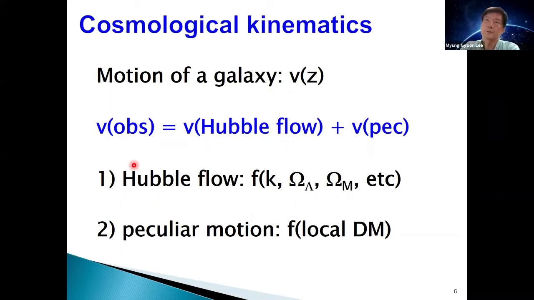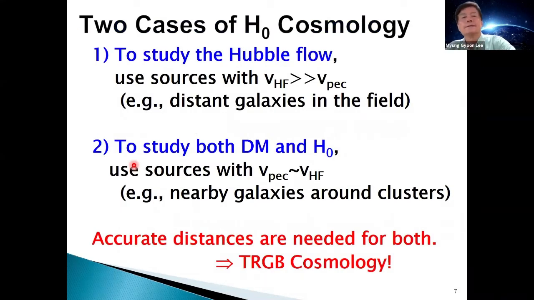So it's very simple to get cosmological kinematics if we have a velocity, but we also need distances. So we can make two cases of H0 cosmology. One is to study Hubble flow. For this purpose, we need to use sources with Hubble flow velocity much larger than peculiar motions, for example, distant galaxies in the field.